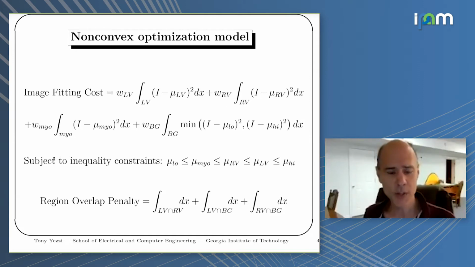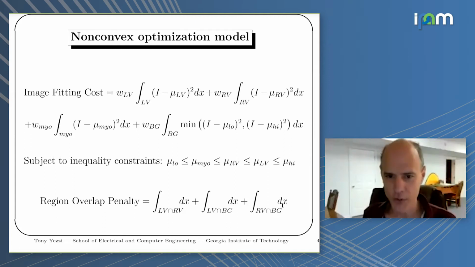What really makes it non-convex is that we impose inequality constraints, since we know the intensity of the left ventricle should be the largest. So the bone should be the highest, then the left ventricle intensity, then the right ventricle, then the myocardium, and then the fluid. So we impose those constraints. Another thing that makes it non-convex is that we impose a penalty on the overlap between the regions.